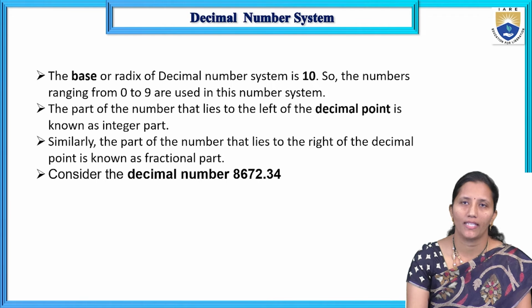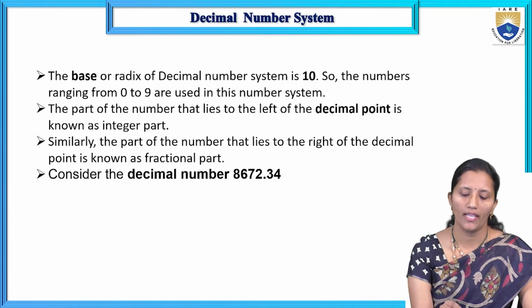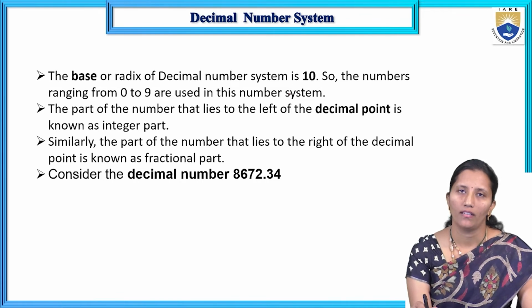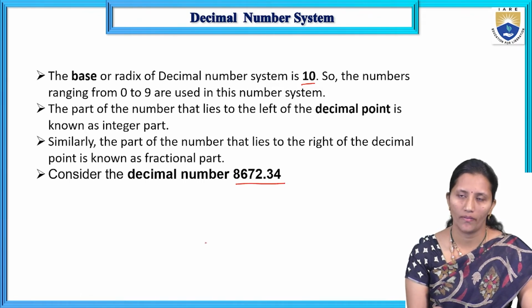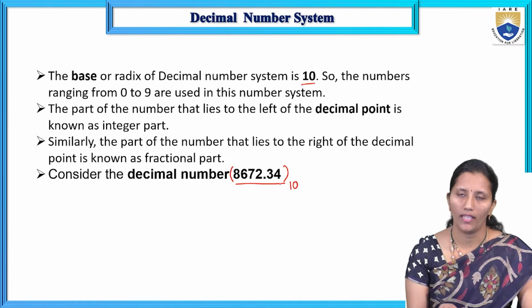So first we will discuss the decimal number system. The base or radix of the decimal number system is 10. So if the number is 8672.34 and the base is represented by 10, then it belongs to the decimal number system.